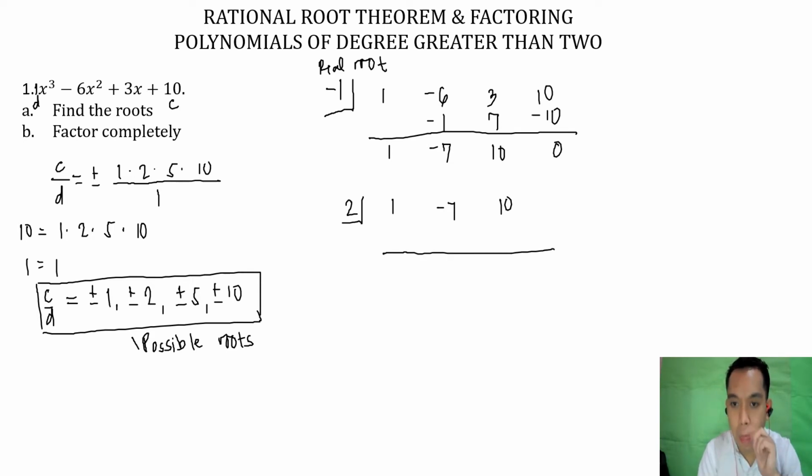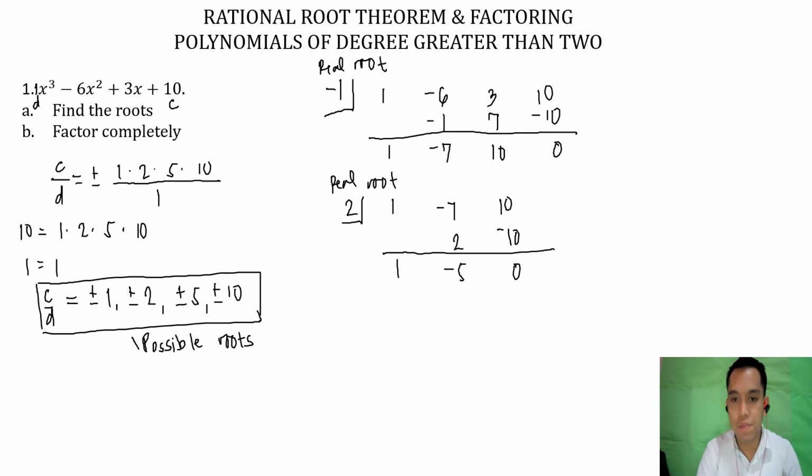Bring down 1. Then 1 times 2 is 2. Negative 7 plus 2 is negative 5. Negative 5 times 2 is negative 10. So 10 plus negative 10 is 0. Okay, so since the remainder is 0, therefore 2 is also a real root of our polynomial.